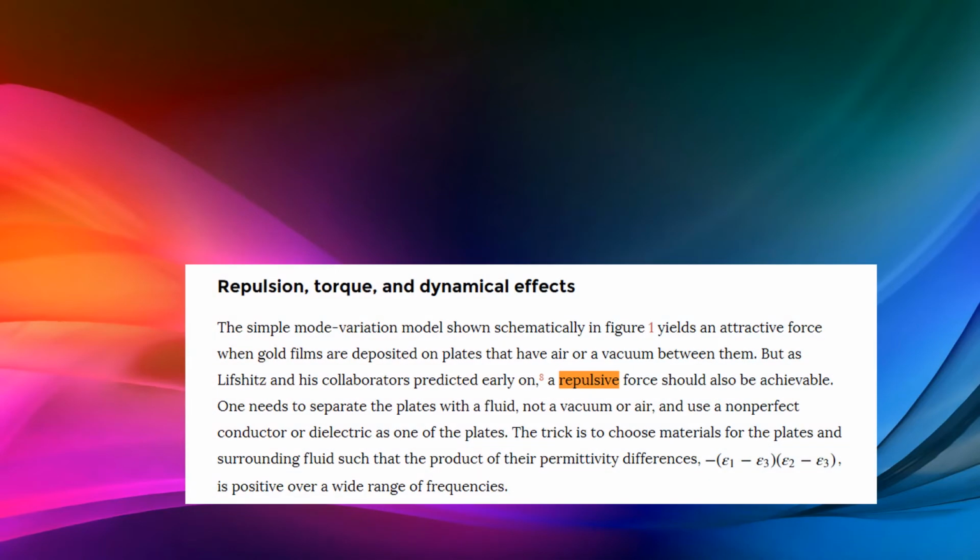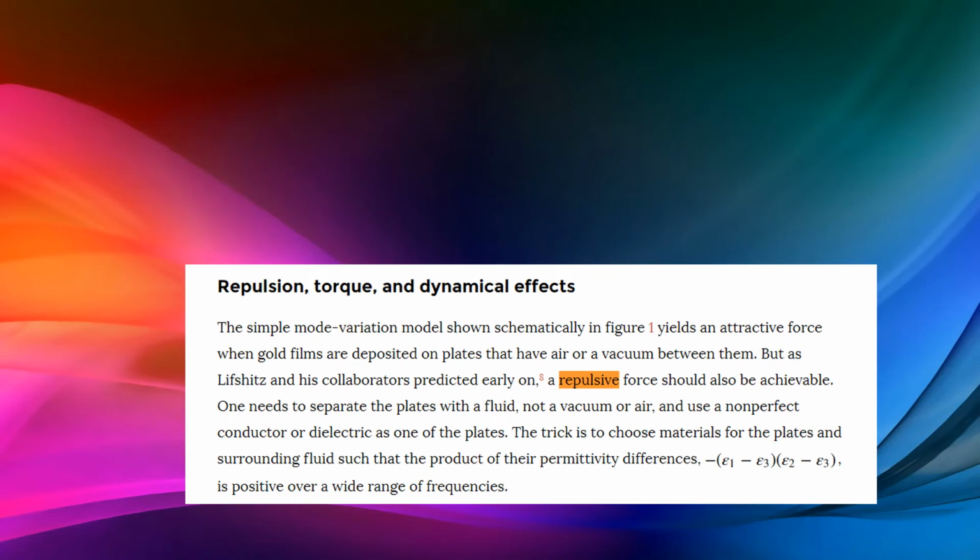Now, it is true that there is actually a way to get a repulsive Casimir force, where if you have a certain combination as shown here, you can actually cause the opposite interaction with the vacuum. Explaining exactly why that's the case would be a little bit tricky, but as shown here, it does have to do with how materials with permittivity, which is how they respond to electric fields, would act differently if you were dealing with a conductor or a dielectric.